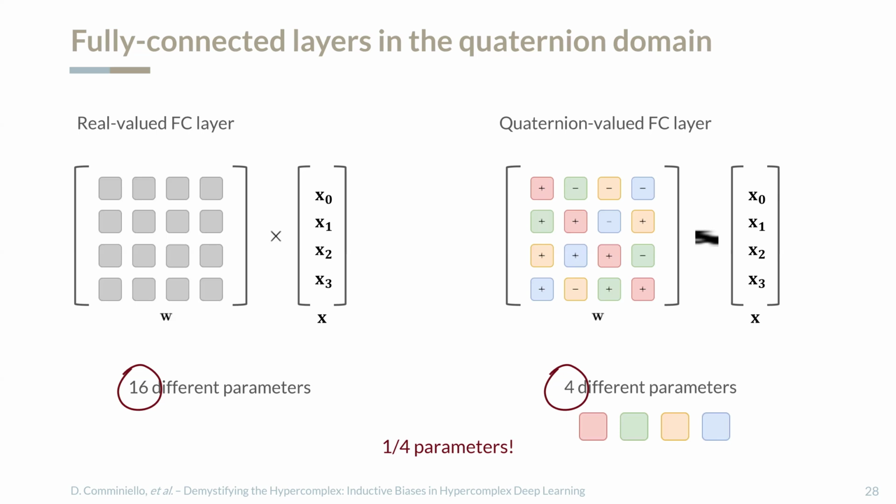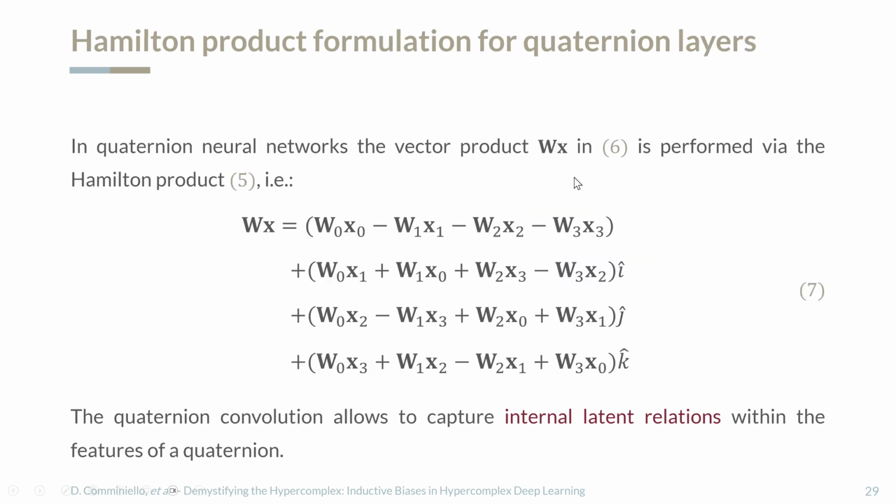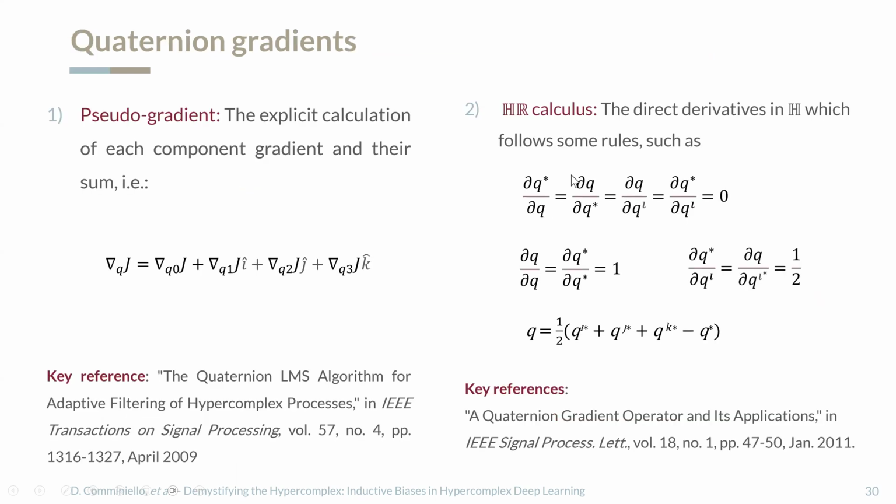Of course, there are some compromises, and so we need to find a good trade-off between performance and reduction of the parameters. Of course, with the same structure, we can compute the quaternion gradients, so how to learn the parameters. There are different theories and also algorithms.